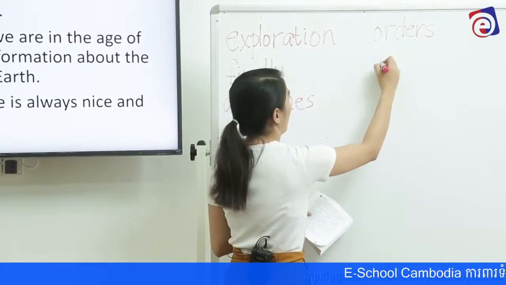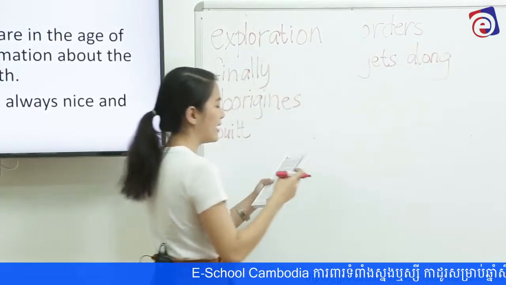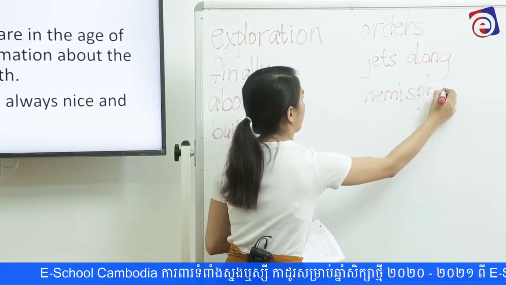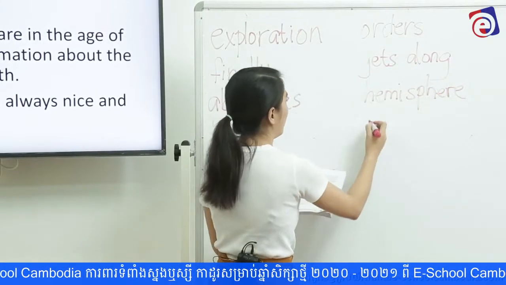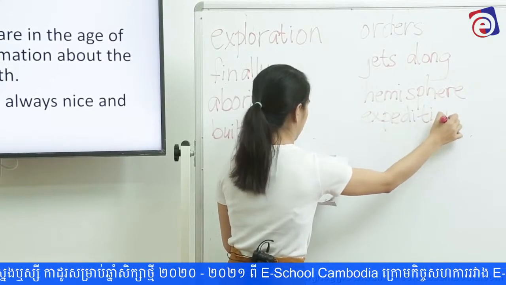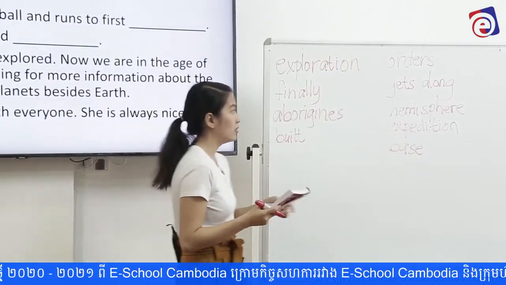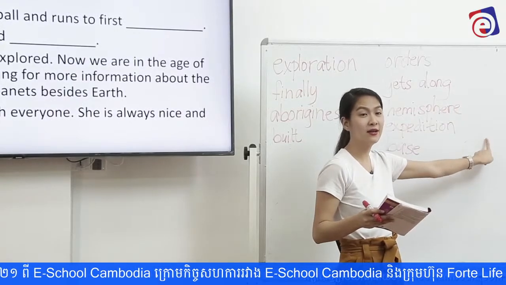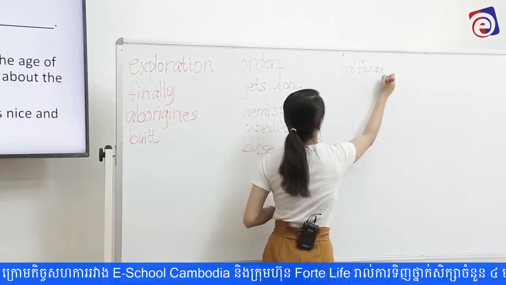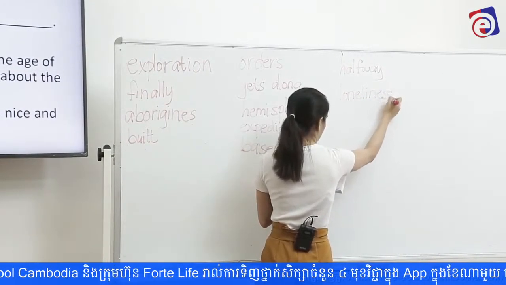Orders, gets along. Next, we have hemisphere, then expedition, base, and we have three more: halfway, which means middle, loneliness, heroes.